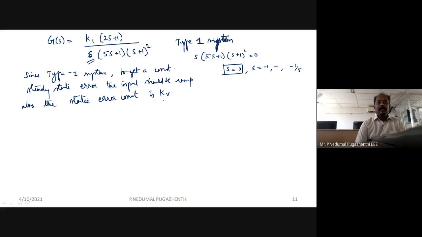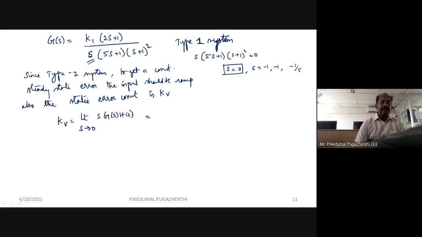Write down the expression for kV: it is the limit as s tends to 0 of s into G(s) H(s).